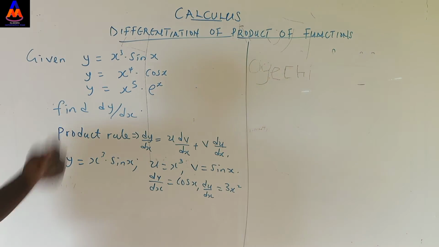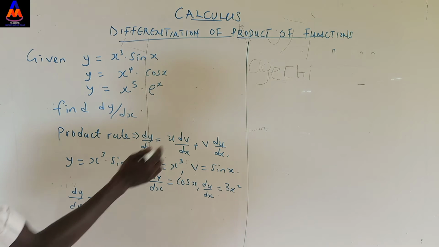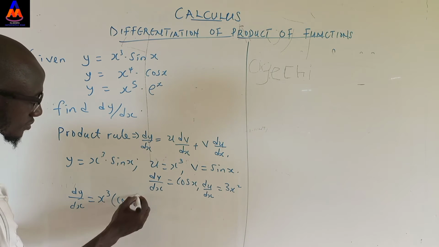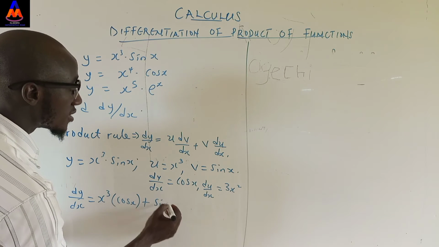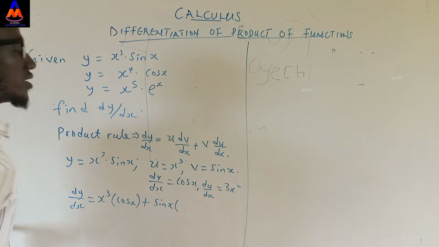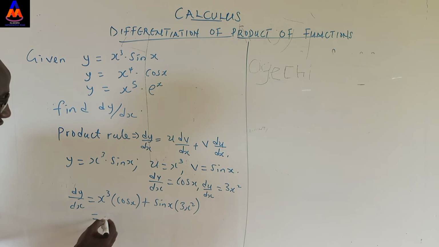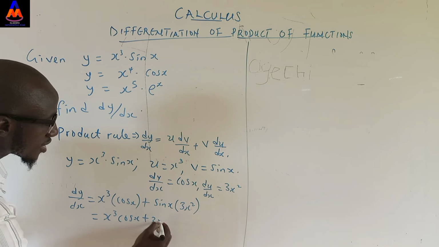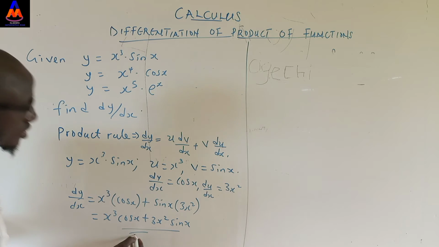So putting these in my formula, we have u dv dx. My u is s raised to the power 3, dv dx is cos x, plus my v, which is sine x, and du dx is 3s squared. So finally, this is s cubed cos x plus 3s squared sine x.